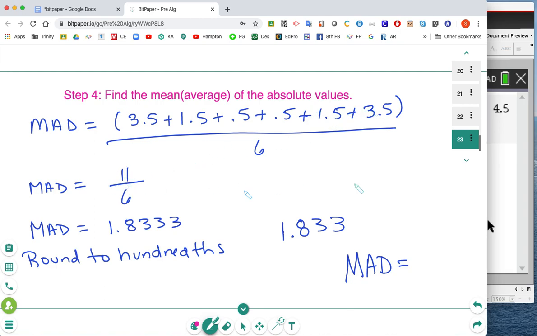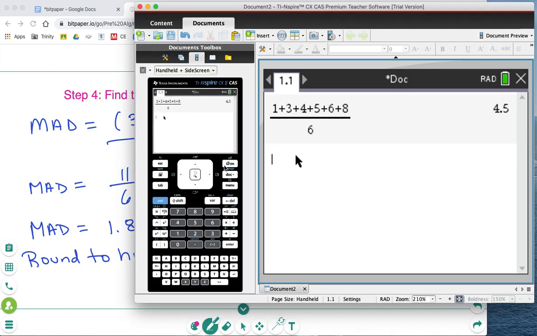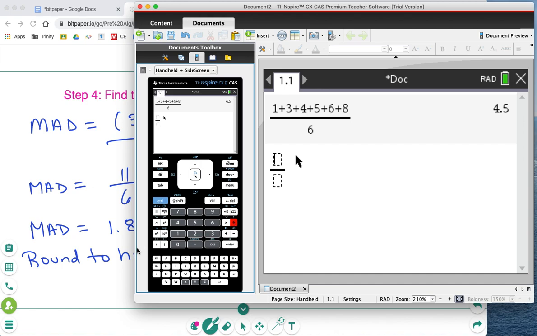So when I put this into my calculator, again, I'm going to do Control Divide. I'm going to put my parentheses in, and I'm going to do 3.5 plus 1.5 plus 0.5 plus 0.5 plus 1.5 plus 3.5.